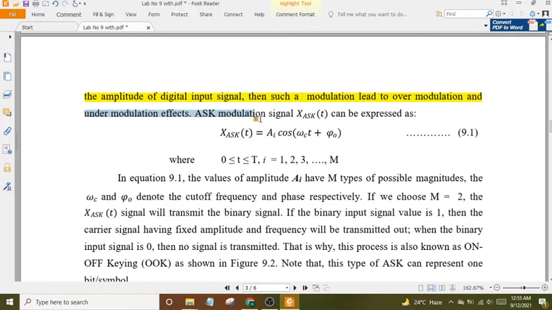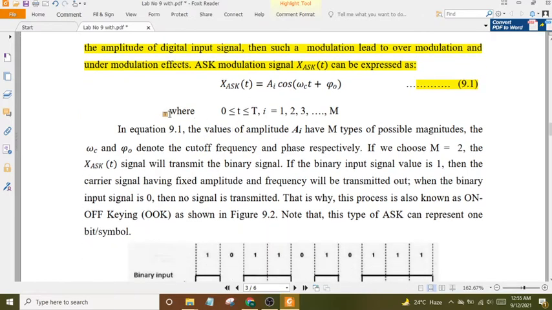The BASK modulated signal can be expressed by equation 9.1, where 0 ≤ t ≤ T and i = 1, 2, 3, ..., M. In equation 9.1, the values of amplitude are the possible magnitudes, and the frequency and phase are the carrier frequency and phase respectively. If we use M equals 2, the signal will transmit the binary signal.